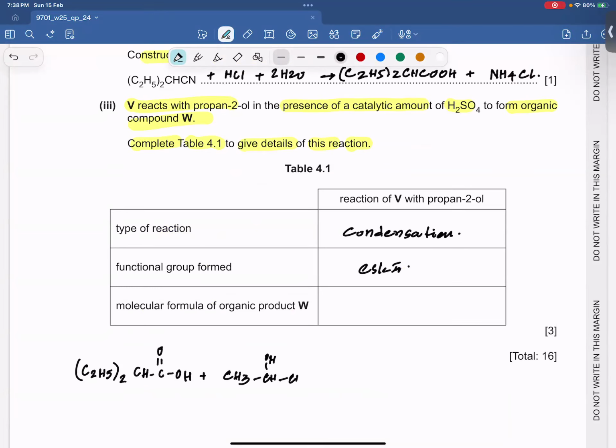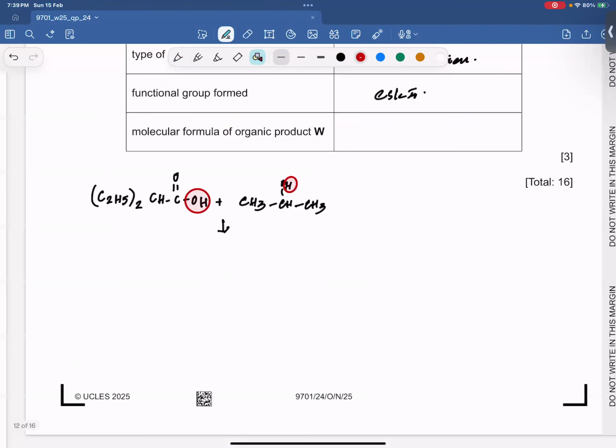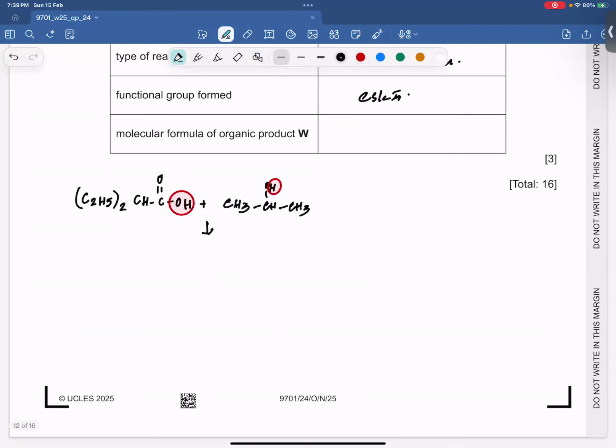Let me get the structure first. In the making of ester, OH is removed from carboxylic acid and H is removed from alcohol. So first of all, let's write down the acid part, and then let's write down the alcohol part.